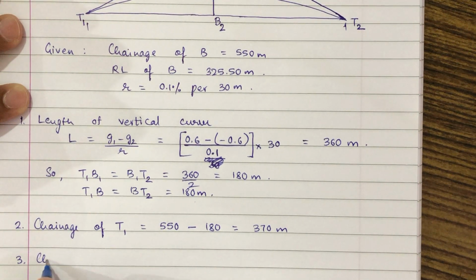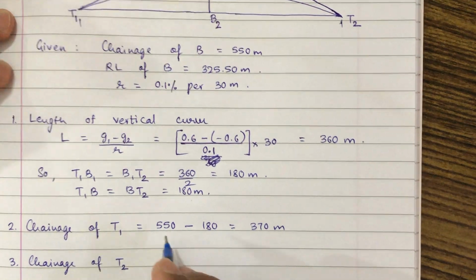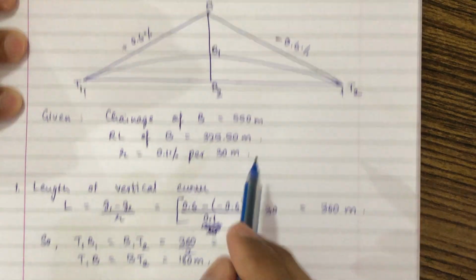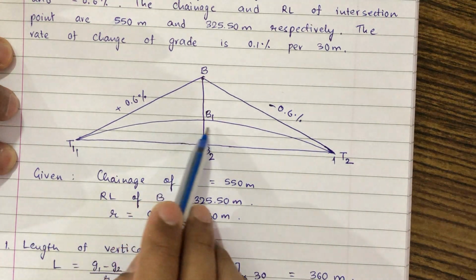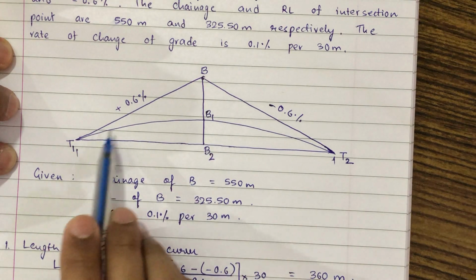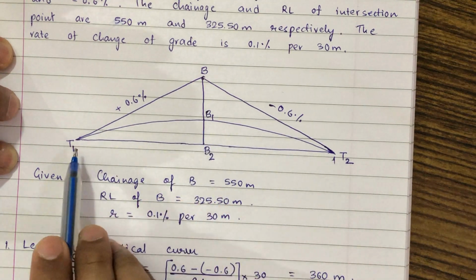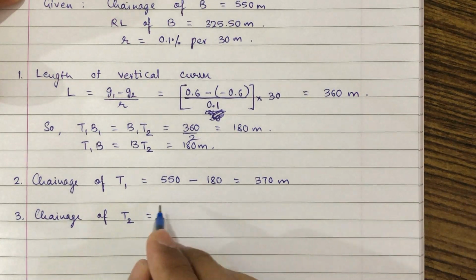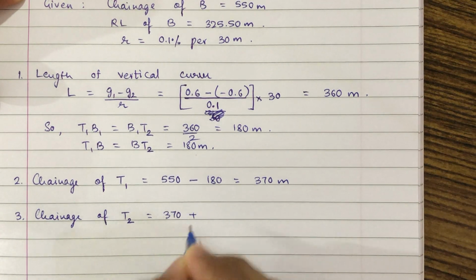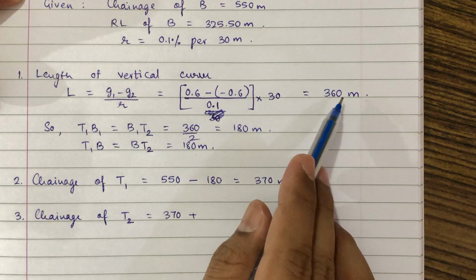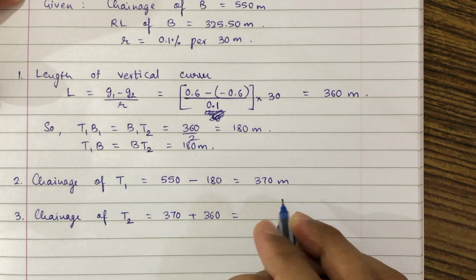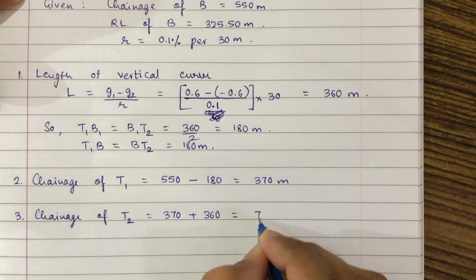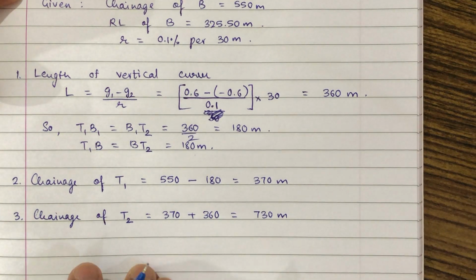Next we need to calculate chainage of T2. Chainage of T2 will be chainage of T1 plus length of vertical curve. So chainage of T1 is 370 plus length of vertical curve is 360. So this value comes out to 730 meters.